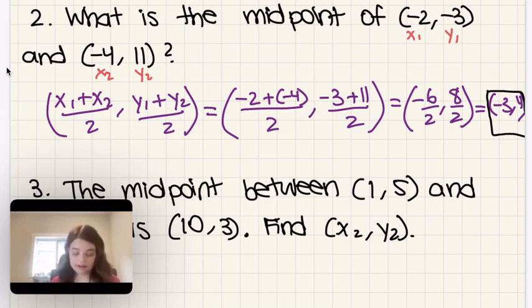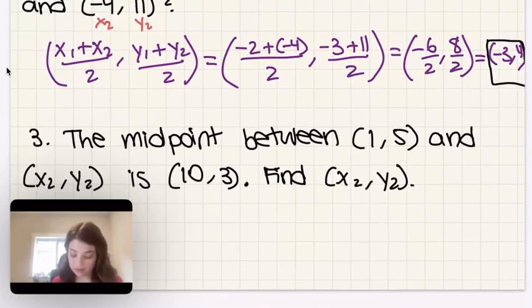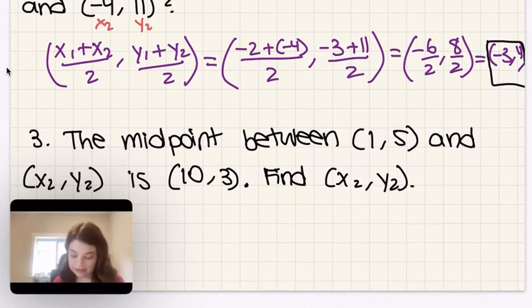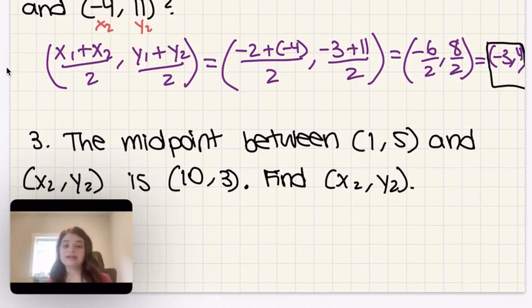All right, this third one is a different example than the previous ones. It says the midpoint between 1, 5 and x2, y2 is 10 comma 3. Find x2, y2. So let's say you're given one of the endpoints and you're given the midpoint. How do we find the other endpoint?